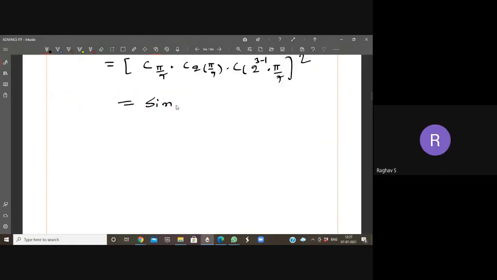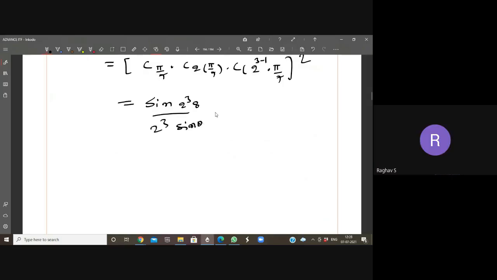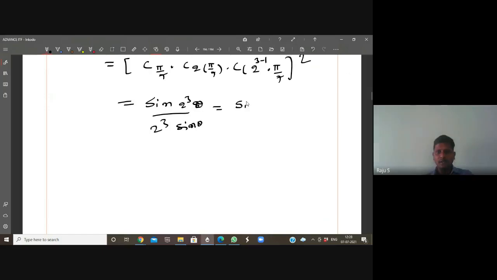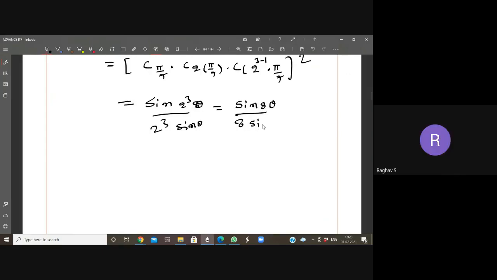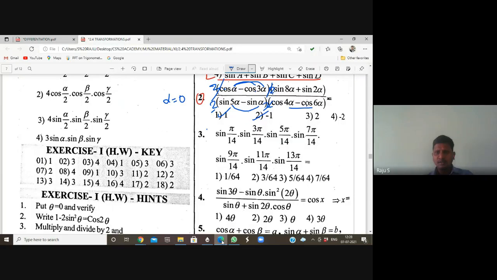Sine 8 theta, sine 2 cube theta by 2 cube sine theta, that is sine 8 theta by 8 sine theta. The options they have given are some values.